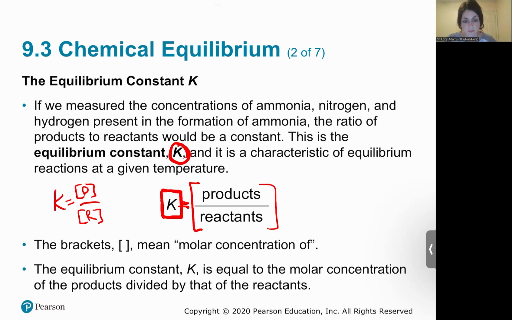And so if K is 1, you're going to understand the ratio of products to reactants. If they're equal, K is going to be equal to 1. So if something is greater or less than 1, it's going to give you a reference to how much products and reactants are there relative to each other.